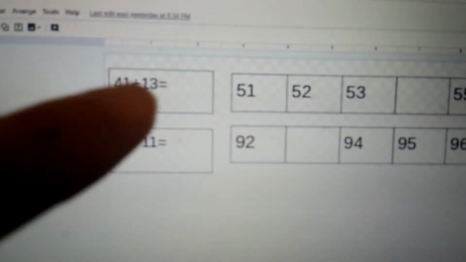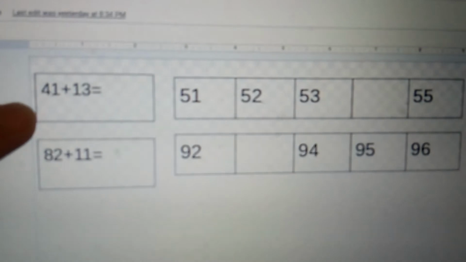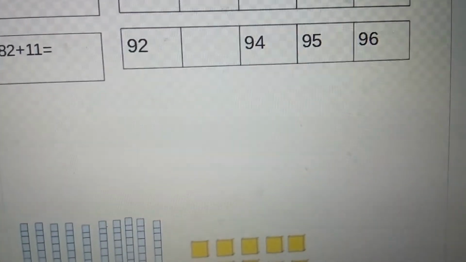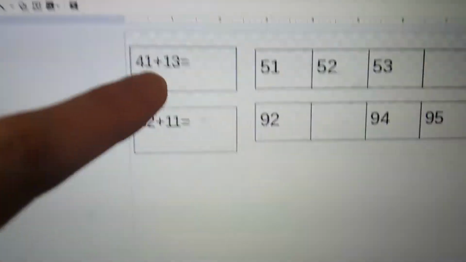So we have a worksheet where you are given a number sentence, a counting strip with a missing number, and a bank of tens and ones units to help find your missing number. So let's look at our first problem here.